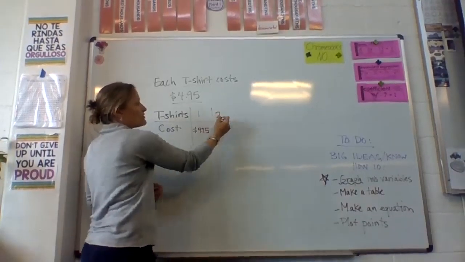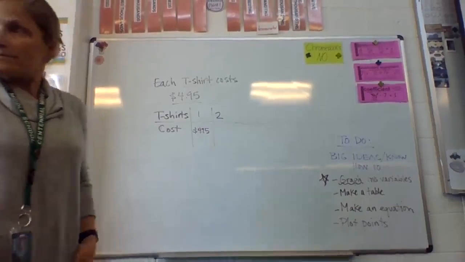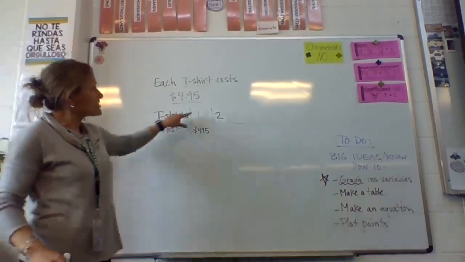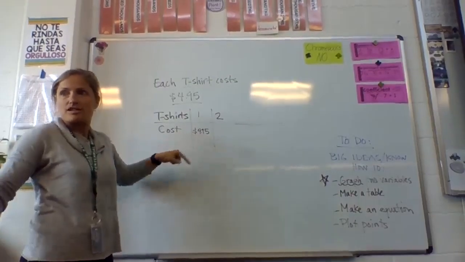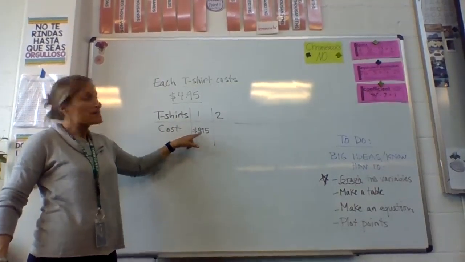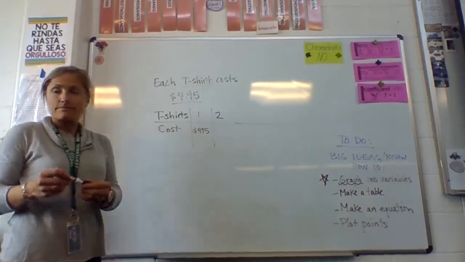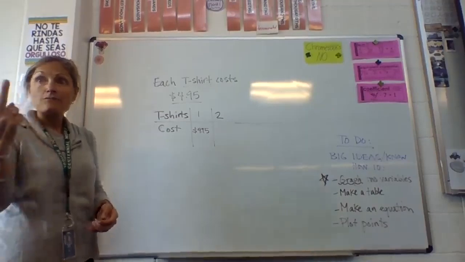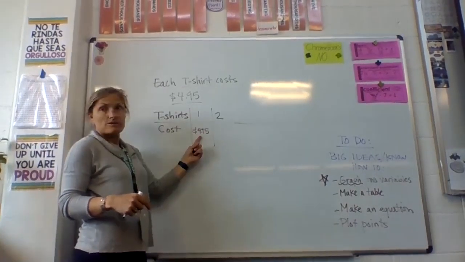Okay, and then two t-shirts would be how much? What do you guys think? So one t-shirt costs $4.95. So how do we solve for how many two t-shirts are? You got it. Okay, so then we know two t-shirts is this times 2.